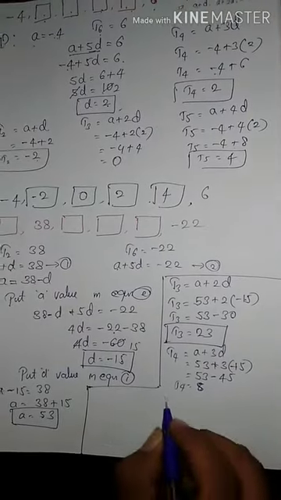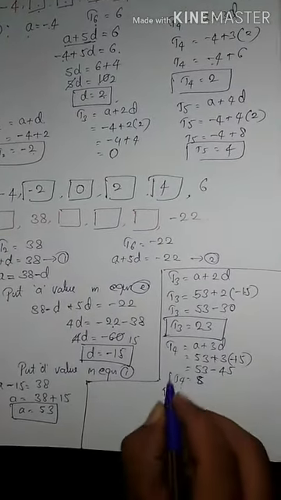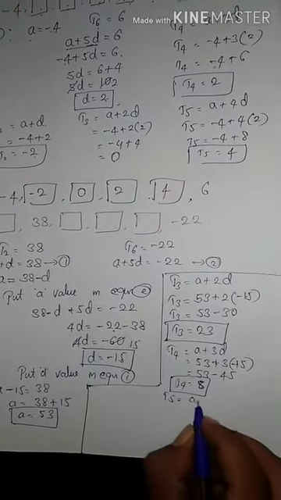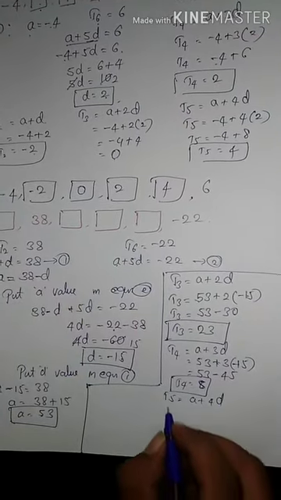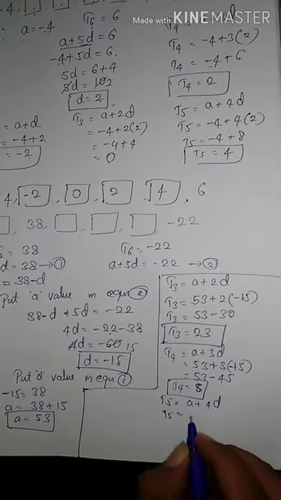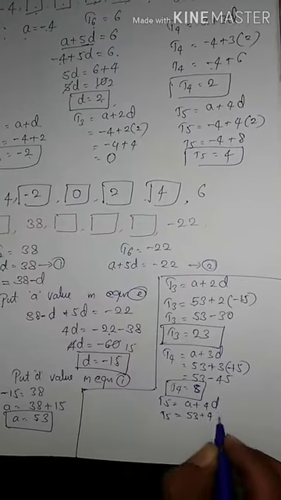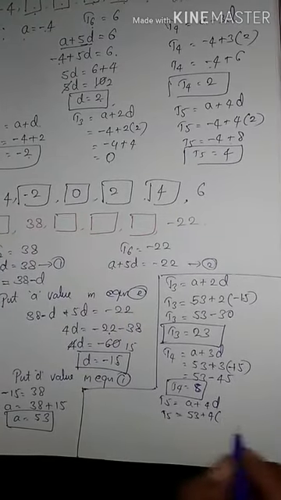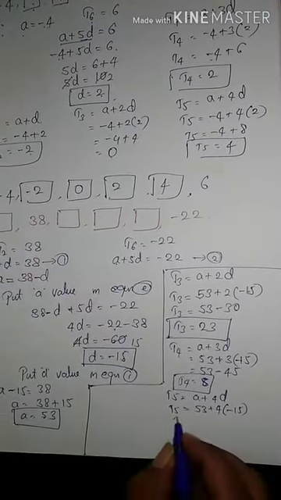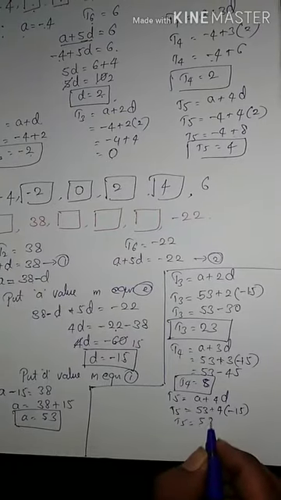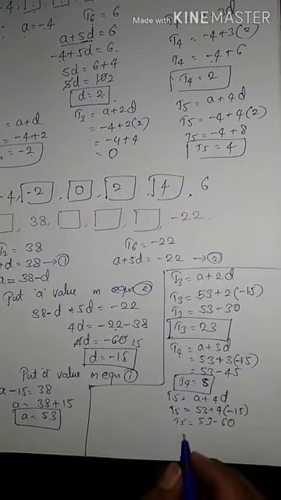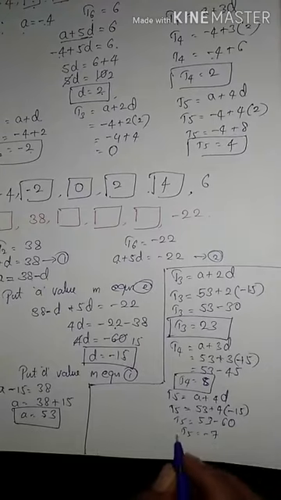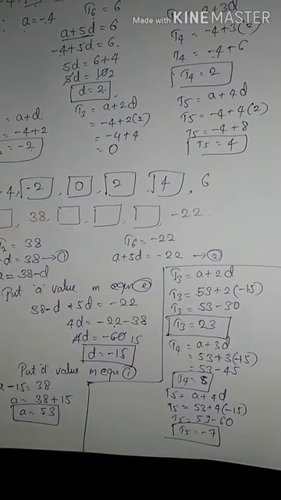So T4 is 8. And next T5 is equal to A plus 4D. T5 is equal to A value is 53 plus 4 into D value is minus 15. So T5 is equal to 53 minus 60. So T5 is equal to minus 7.